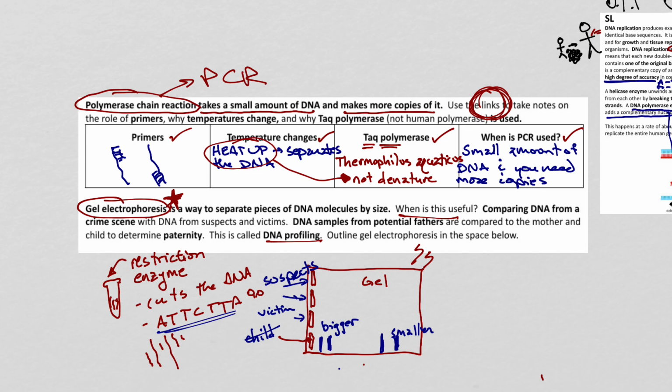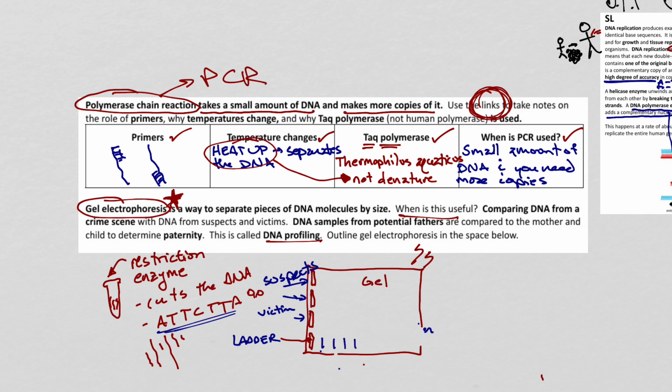Lastly, when we do a gel electrophoresis, one of the first things that we put in here is something called a ladder. That's a piece of DNA that we know exactly how big it's going to be cut up into.